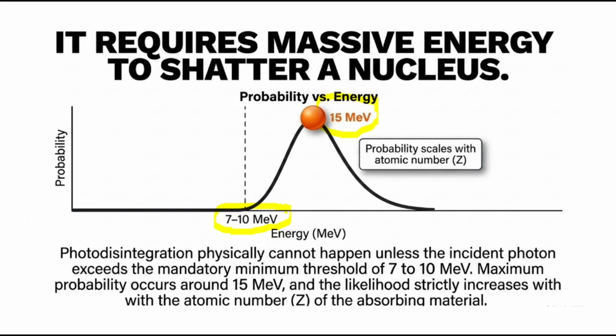The probability of photodisintegration interaction increases with the atomic number of the absorbing material. This specific combination of extreme energy and heavy atomic numbers is exactly what creates massive safety hazards inside your linear accelerator bunker.